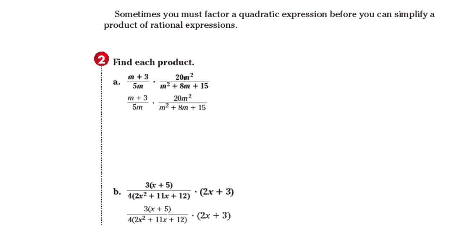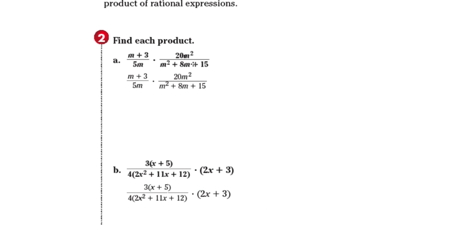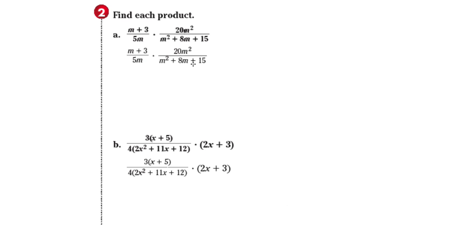Okay, so sometimes you must factor a quadratic expression before you can simplify a product of rational expressions. So let's take a look at this one. Find each product, m plus 3 all over 5m times 20m squared all over m squared plus 8m plus 15. First, copy the problem, and let's start factoring. Okay, m squared plus 8m plus 15.